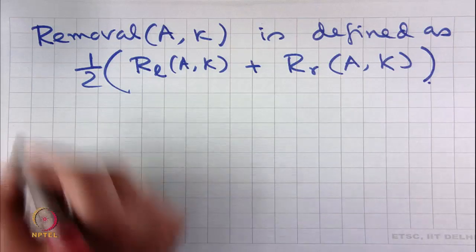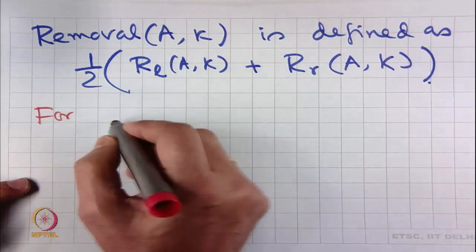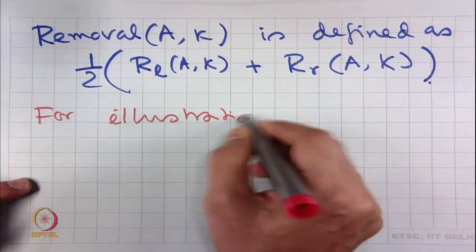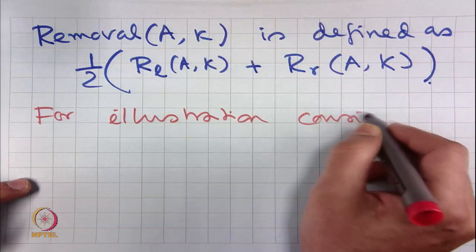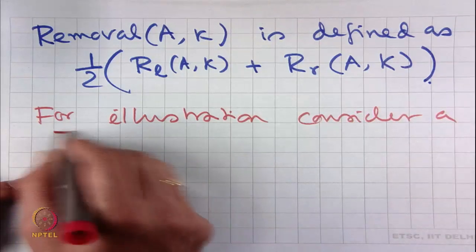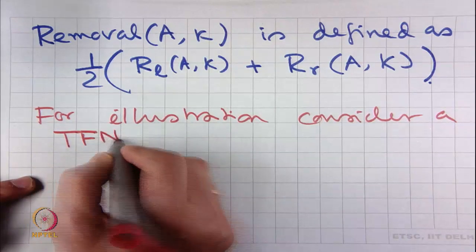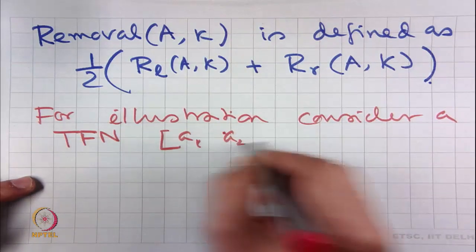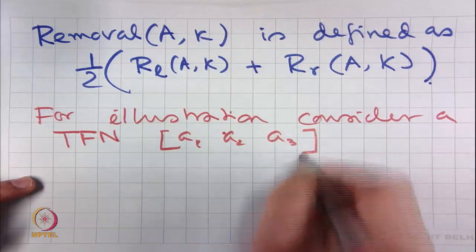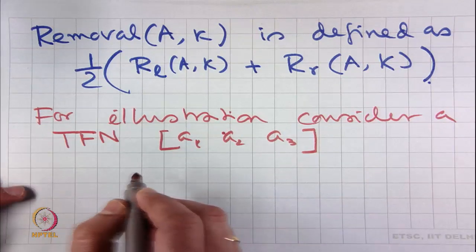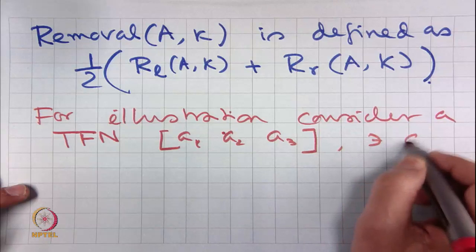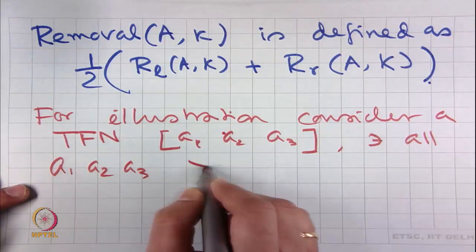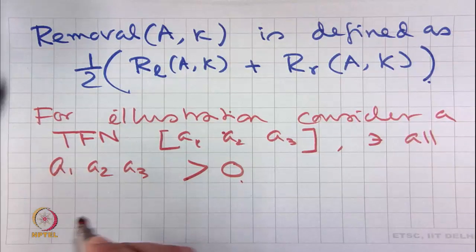For illustration, consider a TFN A1, A2, A3 such that all A1, A2, A3 are greater than 0.